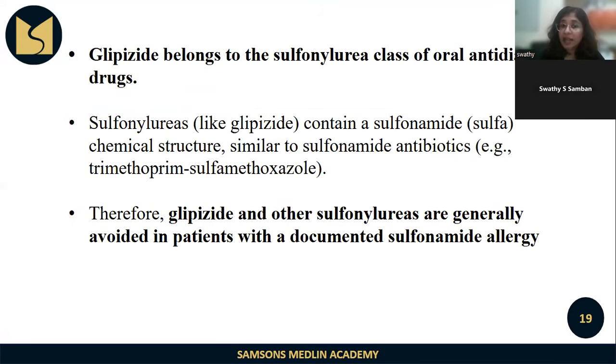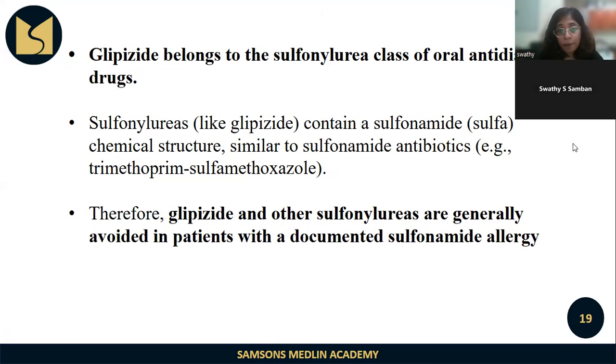Glipizide belongs to the sulfonylurea class of oral antidiabetic drugs. Sulfonylureas like glipizide contain sulfonamides, which is the sulfur chemical structure. This is similar to the sulfonamide antibiotic, which is trimethoprim sulfamethoxazole.